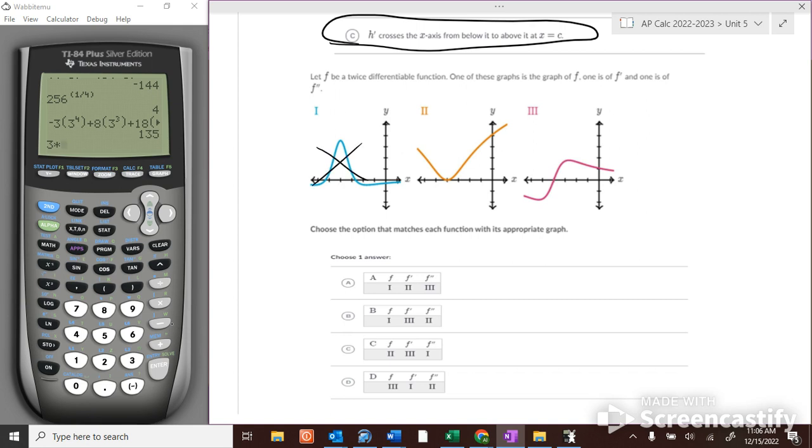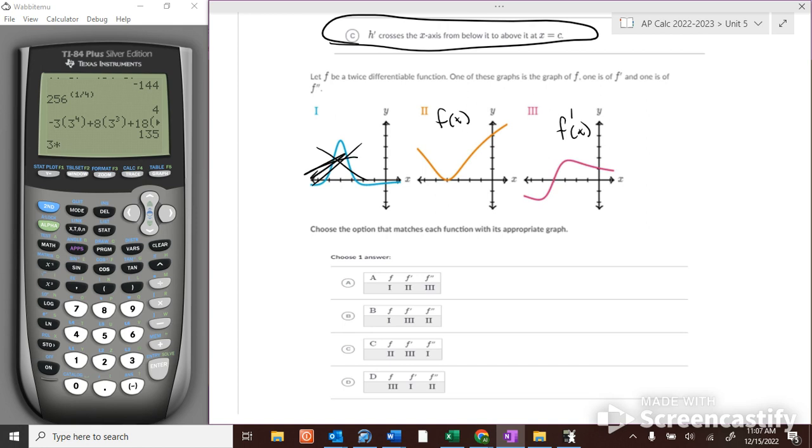So let's go to this one. See if that's the original function. We have a negative slope to -4, and then a positive slope after there. So it's negative until -4 and positive after. So this would be the first derivative of this function.